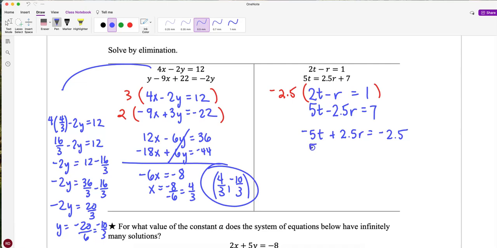Bottom equation, 5t minus 2.5r equals 7. When I add these together, I'm going to get 0 equals 4.5. So this means there is no solution to this system.